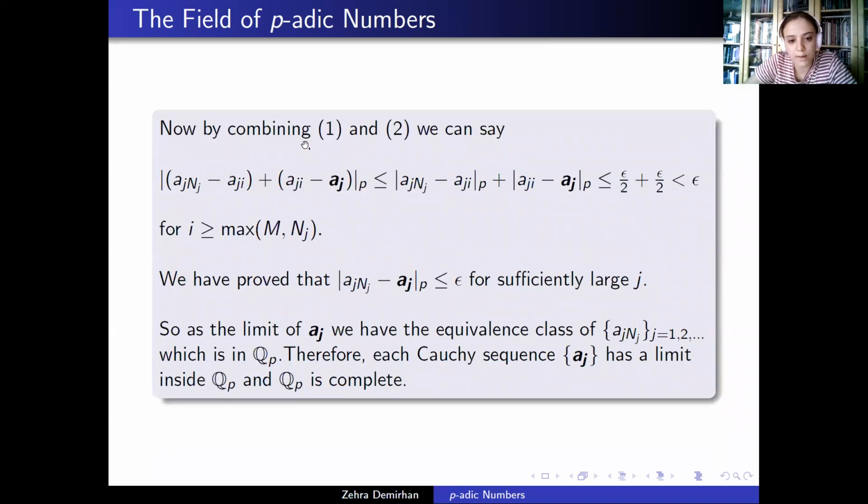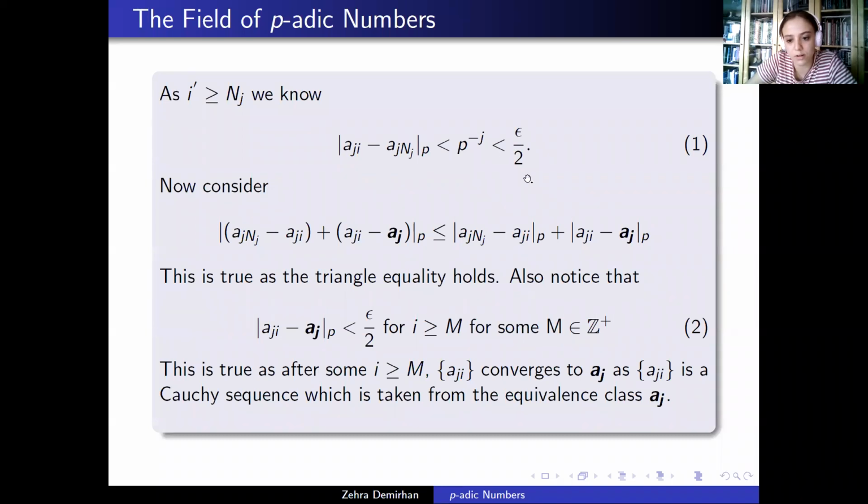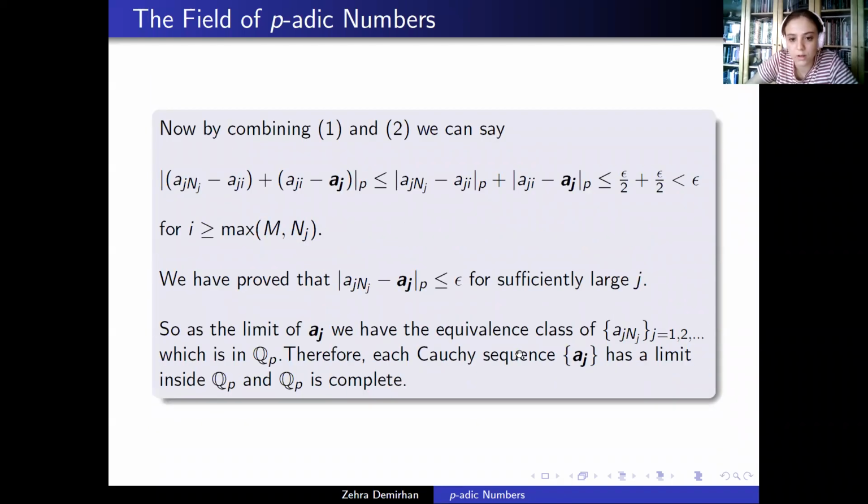Now, by combining inequalities 1 and 2, we have that this whole term is less than epsilon. Similarly, we can write this inequality as well for sufficiently large j, of course. So we have proven that the limit of A_j is the equivalence class of the sequence a_{j,j}, which is also in Q_p, and therefore each Cauchy sequence A_j has a limit inside Q_p, and Q_p is complete.